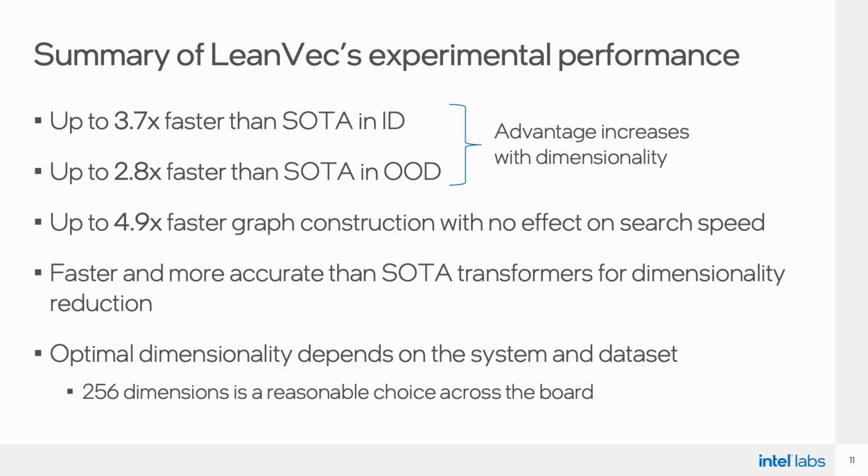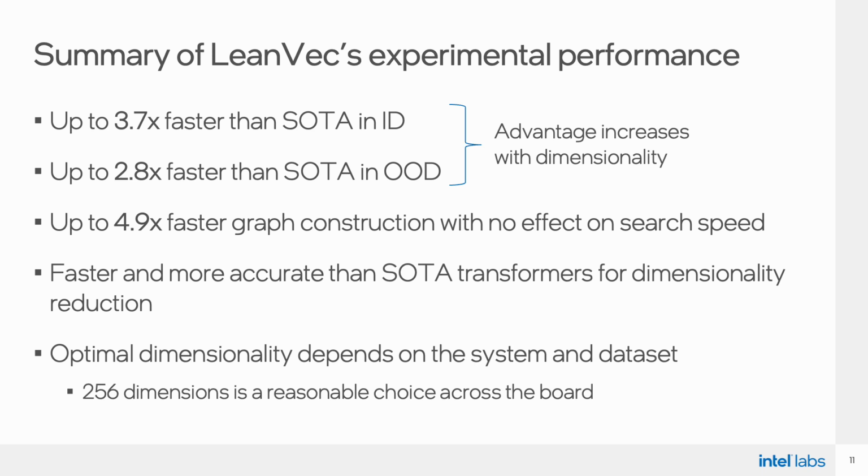Also, we can build a graph with vectors that have been subject to our dimensionality reduction, and in that case we can build a graph almost 5x faster with no noticeable decrease in the quality of the graph. We have also compared LeanVec with state-of-the-art transformer-based methods for dimensionality reduction, and we can show that LeanVec, while being linear, is at the same time faster and more accurate than these alternatives.